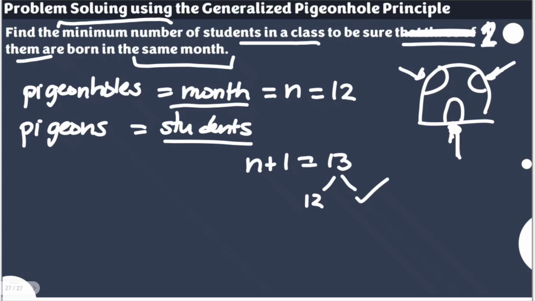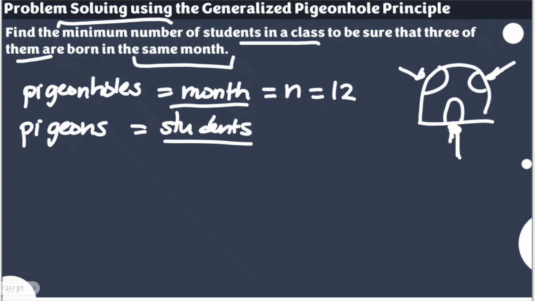But since we are now asked about 3 of them, not 2, what would be the number of students? Of course, you can manually count this one, and just hope that at the 14th and 15th student, you could have 3 students sharing the same month.